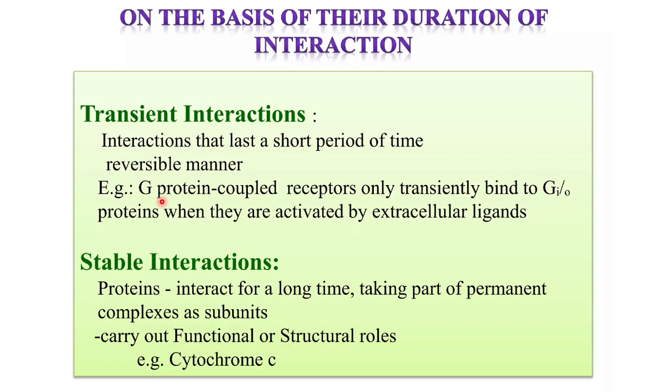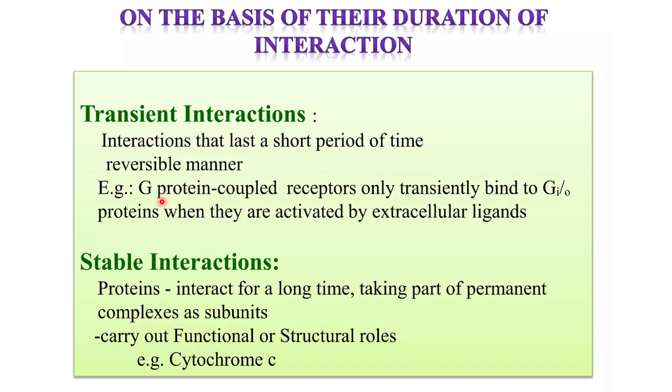Now, when you distinguish them on the basis of their interaction, you have the transient and the stable interactions. Transient interactions last for a short period of time in a reversible manner. G protein coupled receptors only transiently bind to the G proteins that are activated by the extracellular ligands.